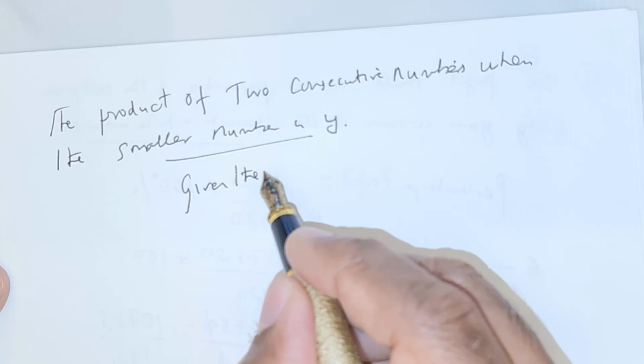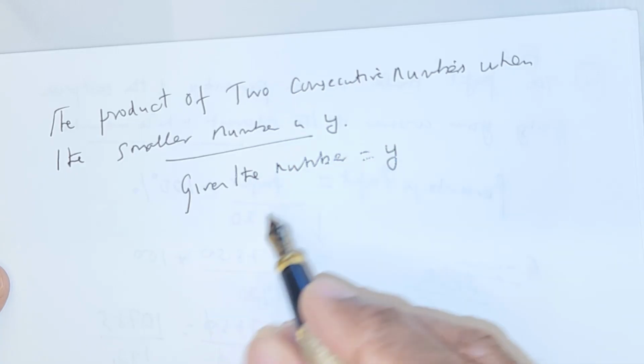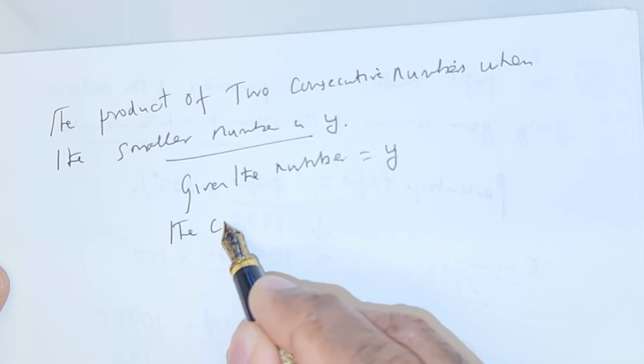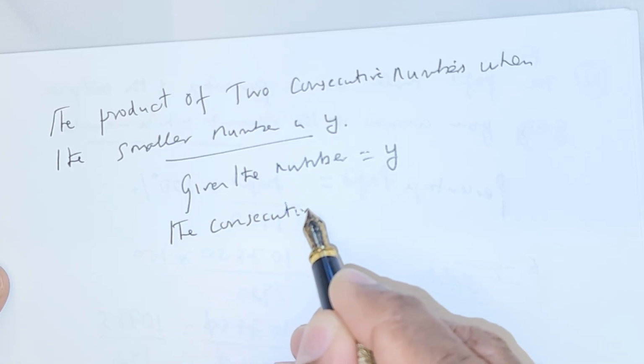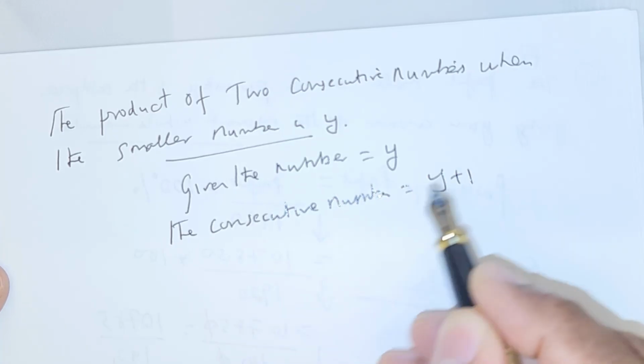So let me take the given number being equal to y, the consecutive number being equal to y positive 1.